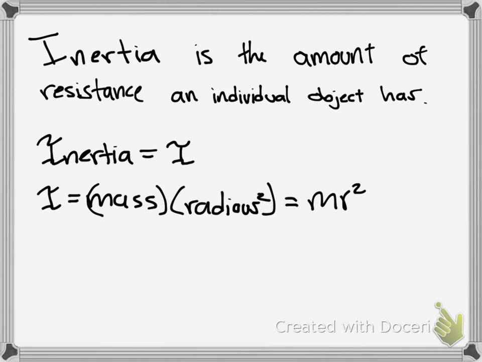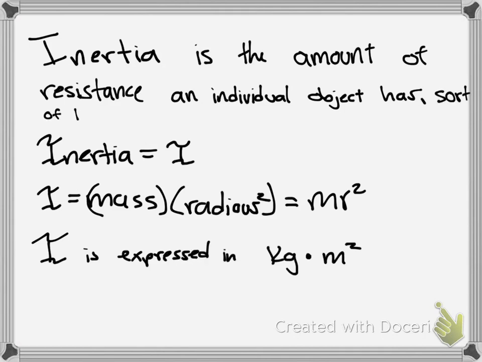The units of mass are kilograms and the units of radius are meters, so kilograms times meters squared are the units for inertia. You can say that inertia is similar to mass.